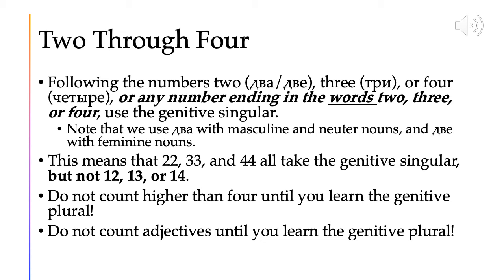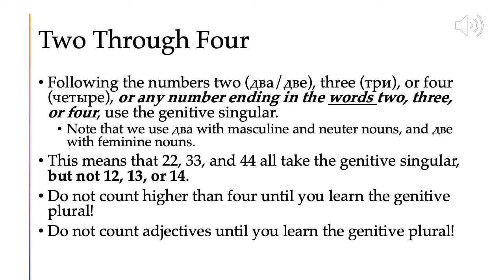Or any number ending in the words 2, 3, or 4, we are going to use the genitive singular. And again, we will use два for masculine and neuter nouns, and две for feminine nouns. And not only do 2, 3, and 4 follow this rule, but numbers like 22, 33, and 44 follow this rule.